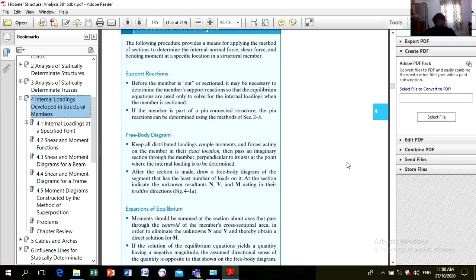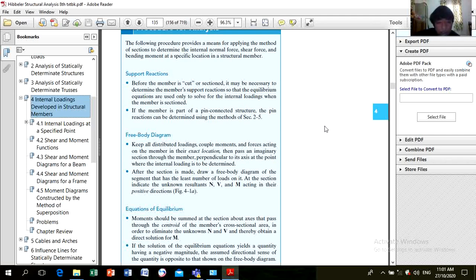Therefore, before you proceed to cut a certain member, you need to determine first the support reactions, because this will be the basis in calculating each internal loading. We cannot solve any internal loading without the support reactions.